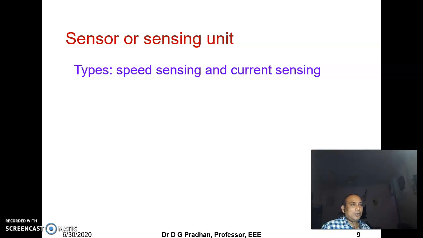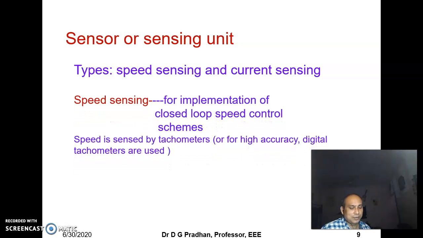Another important part of the electric drive system is the sensor or sensing unit. Sensing units may be speed sensors or current sensors.